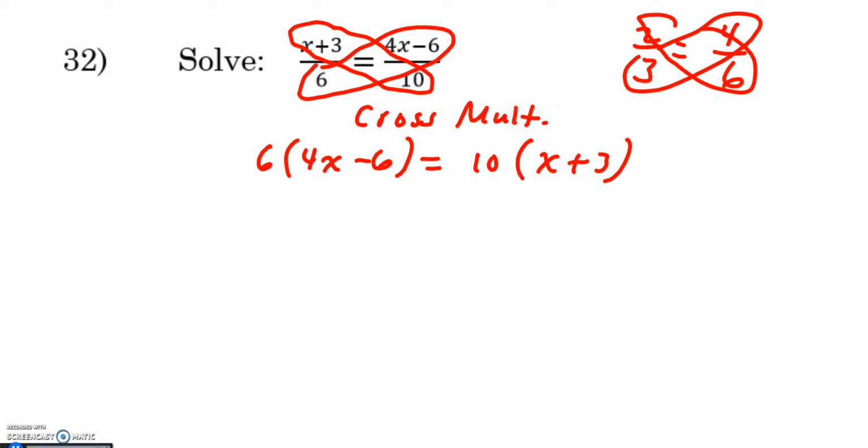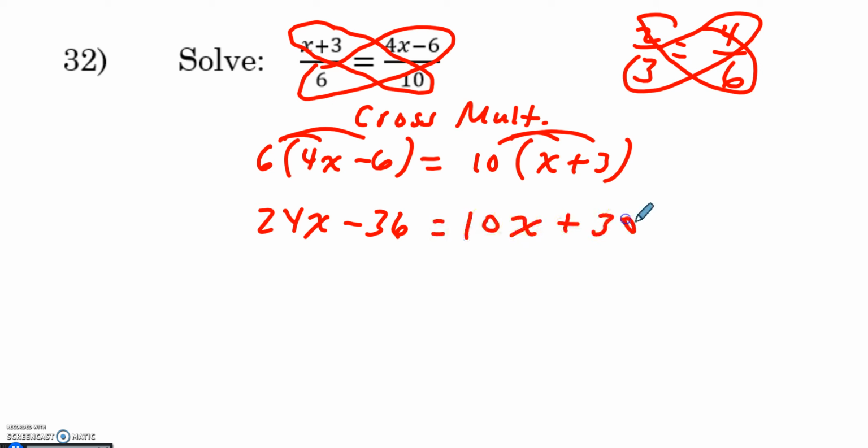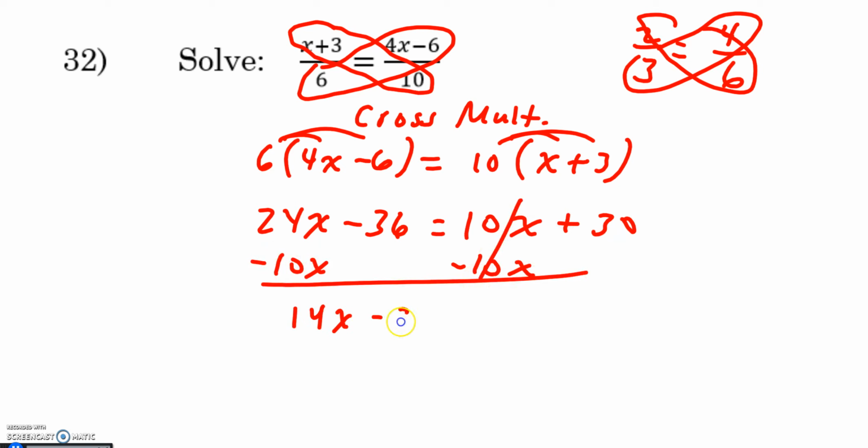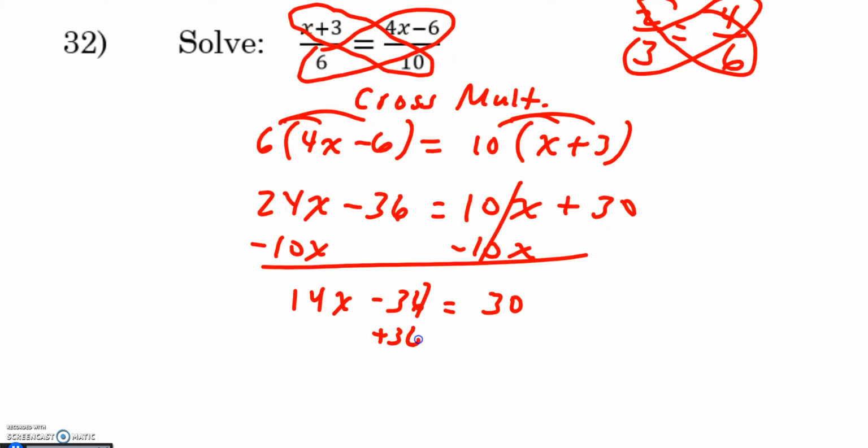So now, if I distribute on this side and I distribute on this side, we should be good to go. 24x minus 36 equals 10x plus 30. If I move my x's together, I would get 14x minus 36 equals 30. And then if I add 36 to the other side, I would get 14x equals 66.